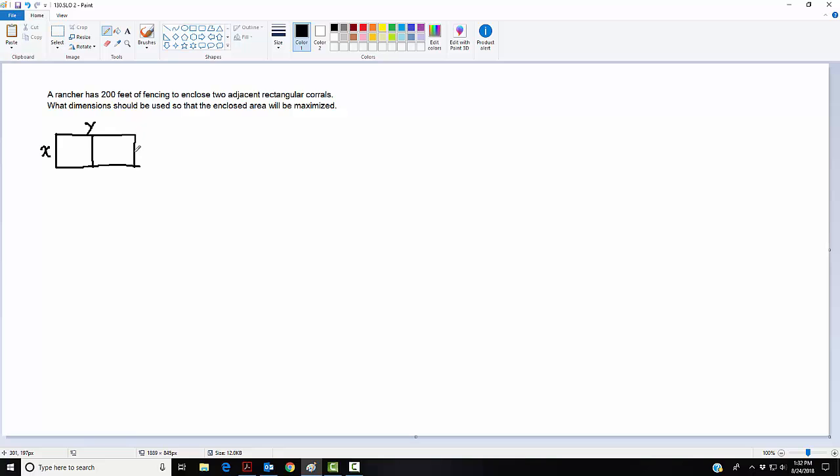We just have 200 feet of fencing that will go all the way around and do this one X size in the middle. So I've got 3 X's and I have 2 Y's. And the total perimeter is 200 feet.